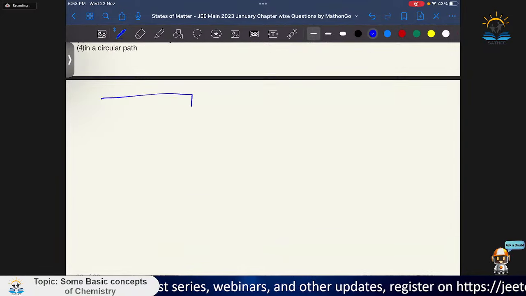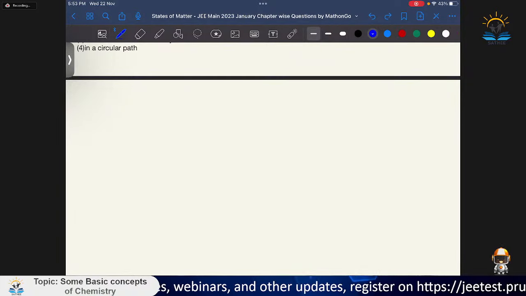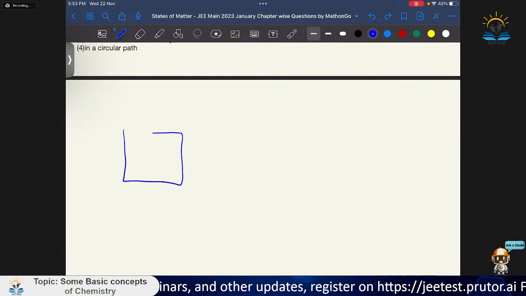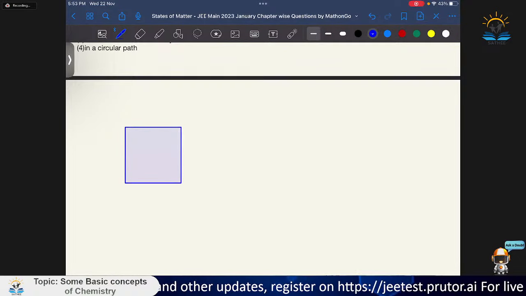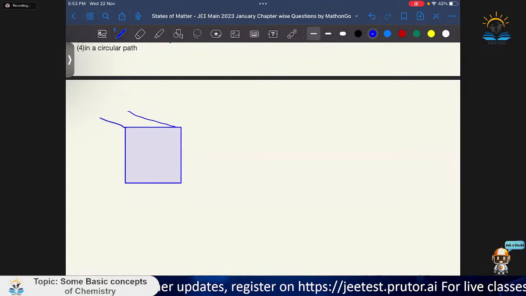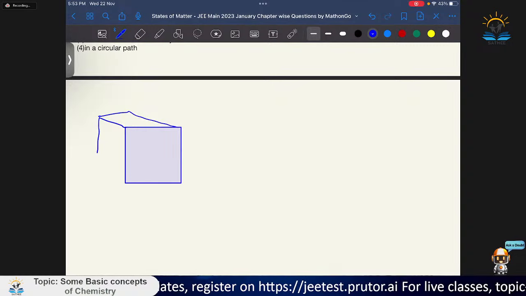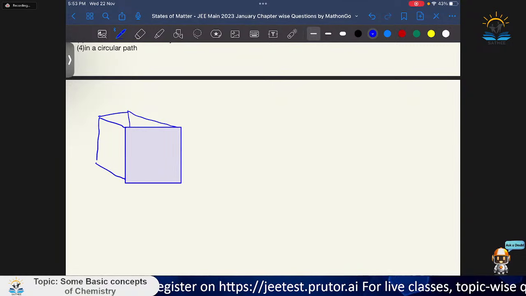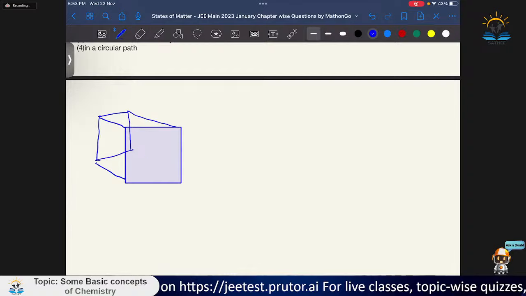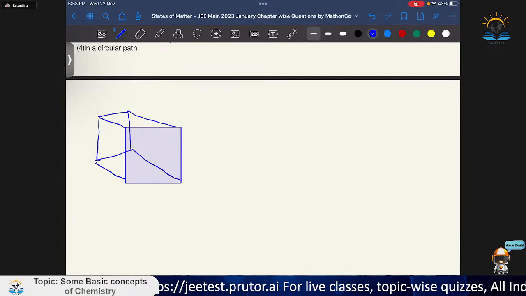If you take a cube, suppose you take a cube. Okay. This is a cube that you've taken.